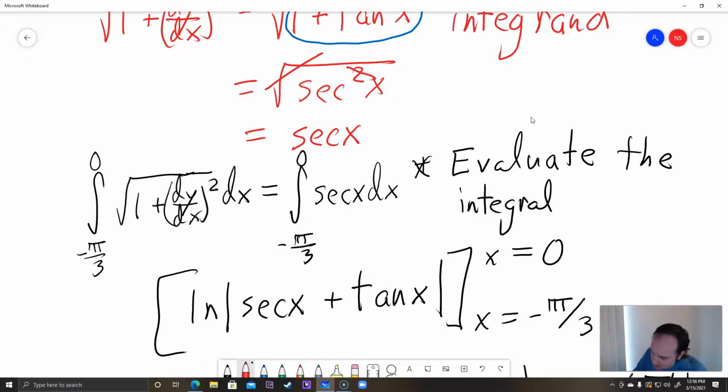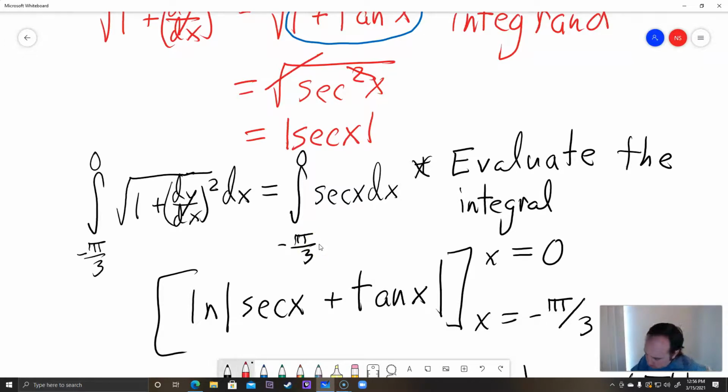That was a mistake. So this should be absolute value of secant of x. The reason it has to be that is because a square root of a square takes an absolute value. Now that ends up being important in this problem because you have this negative pi over 3 and that can be an issue.